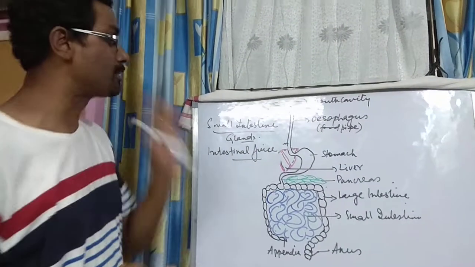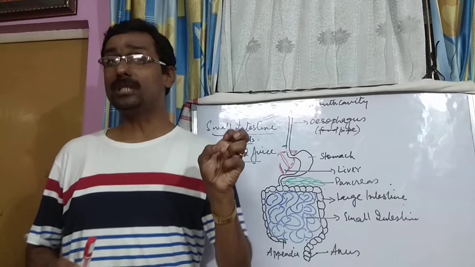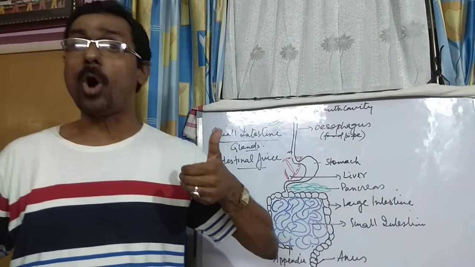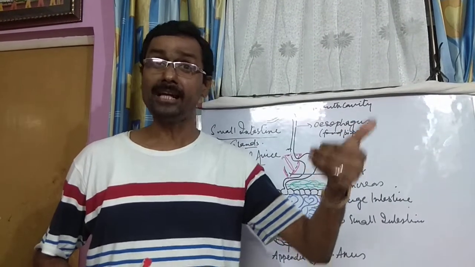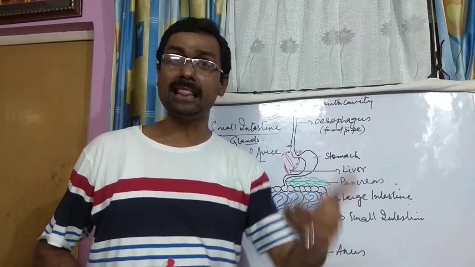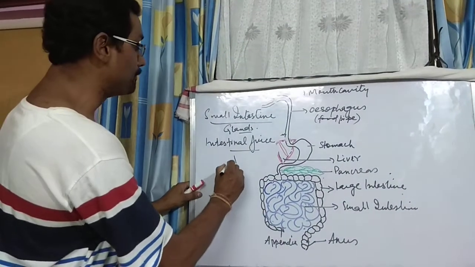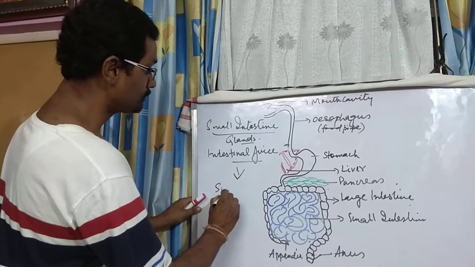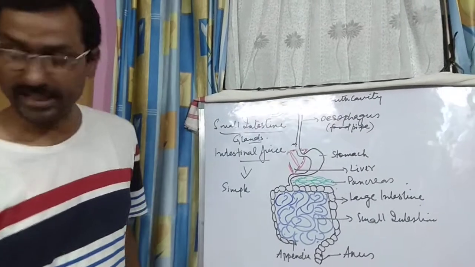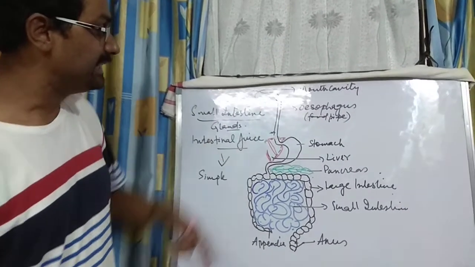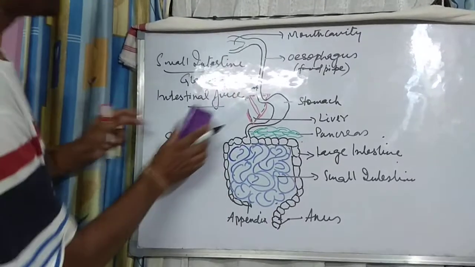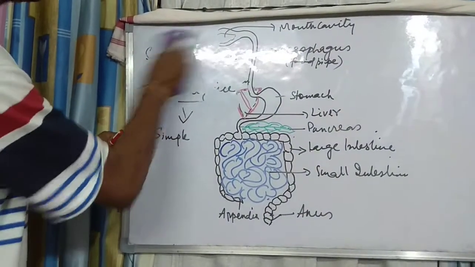So you are finding another most important thing. That intestinal juice now will be acting upon the broken food material or partial digested food material to make it into simpler ones. To make it what? Simple. So what does it do in this process?